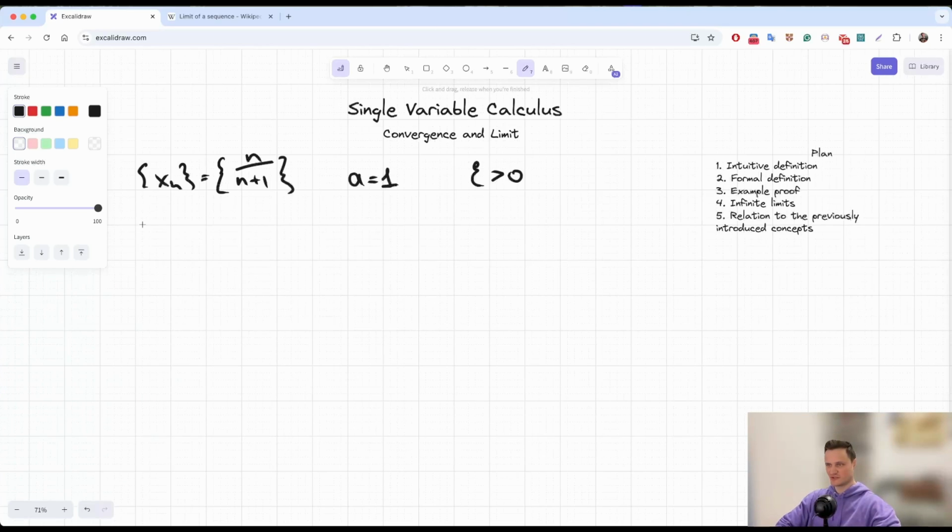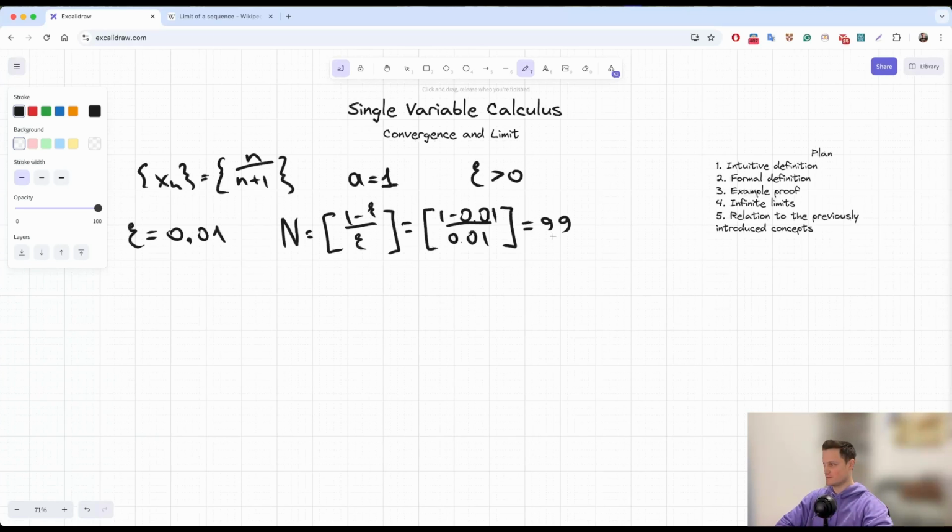And we can prove this for some epsilon values. So let's take epsilon of 1/100th. Then n large will be, as you may remember, 1 minus epsilon divided by epsilon, and the whole part of it. This will be 99.